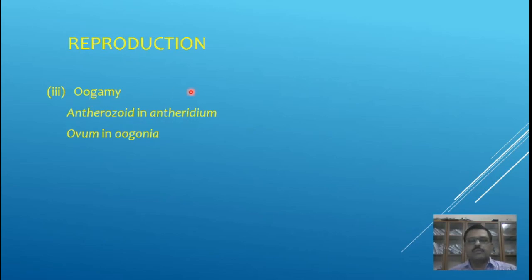So in oogamy, we find the formation of specialized reproductive structures, male reproductive structure or antheridium producing the male gamete or anthrozoid, which can move through water, and female reproductive structure called oogonia producing the female gamete or ovum. And anthrozoid moves through water to the oogonia and fuses with the ovum.